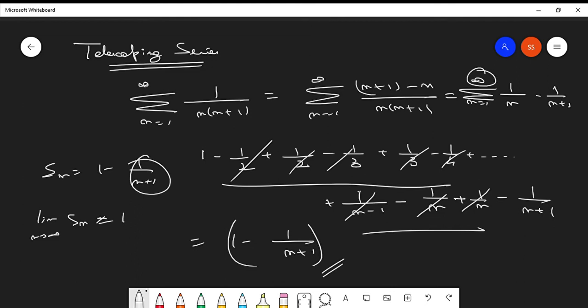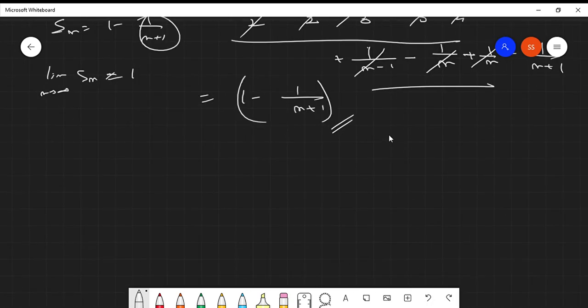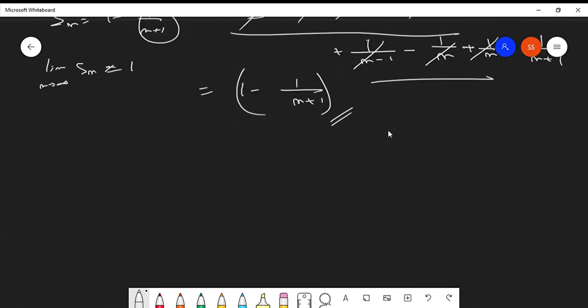Now let us understand what diverging series are. One of the examples of diverging series you already know, that is the geometric series with mod of r greater than 1.